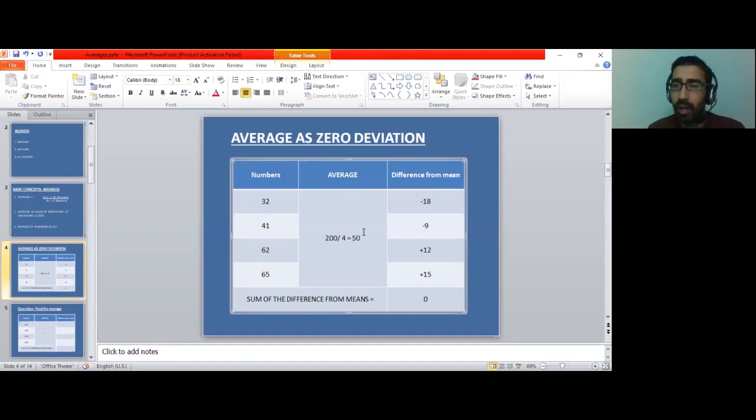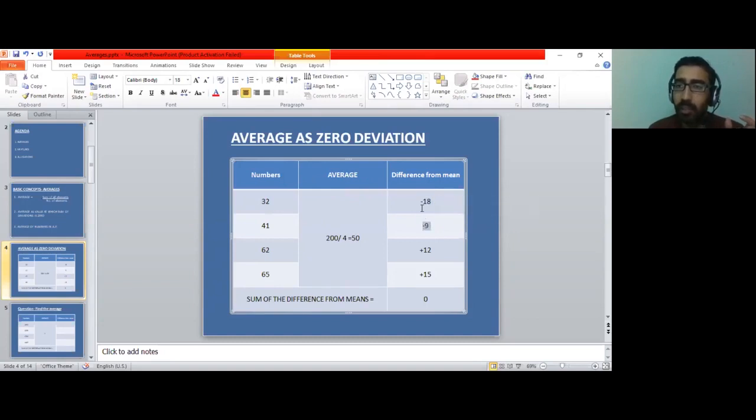Now, I can also understand average as a concept that says, if my average is 50, it essentially means that the amount by which the entities that are less than 50, so 32 and 41, fall short, 32 is less than 50 by 18, 41 is less than 50 by 9.